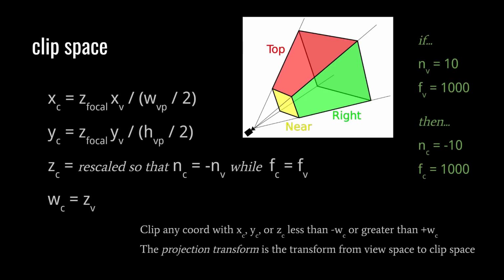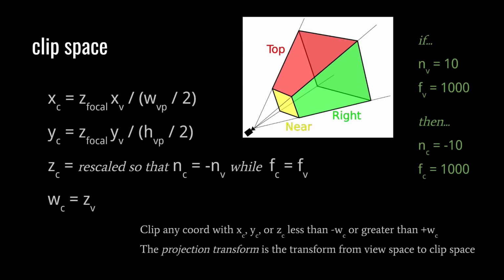And one reason we do this is because now to test whether the z values of our coordinates should be clipped, we can do the exact same test as we do for our x's and y's. Say that I have a coordinate which is on my near clipping plane, so the z, again, let's say is 10. In clip space, the z value is going to be -10, and the w is going to be +10, but the z then would still be in the range of -w to +w, so it wouldn't be clipped, as we would expect.